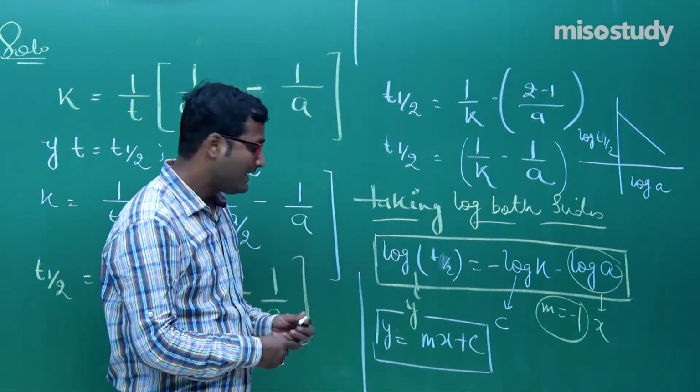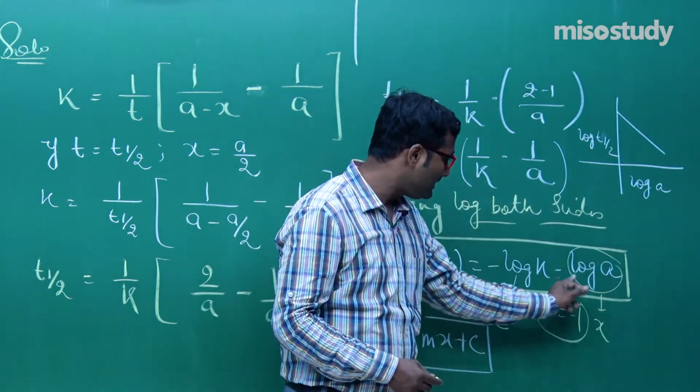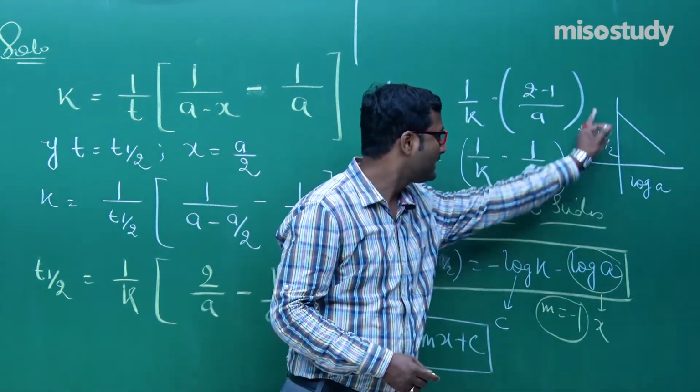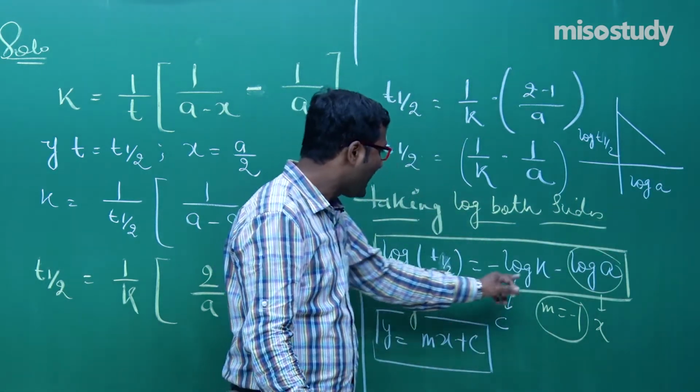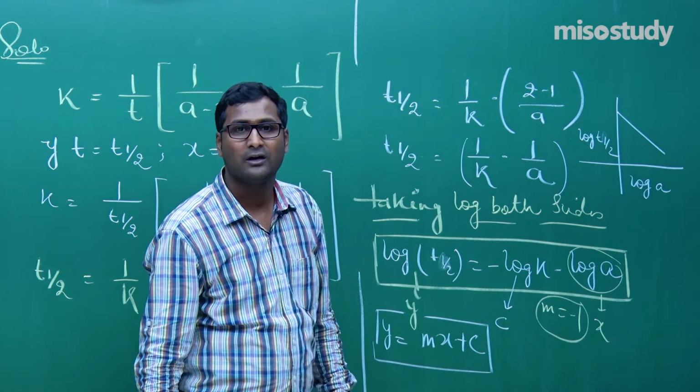Here x is equal to log a, so slope m is equal to minus 1, and intercept c is equal to minus log k.